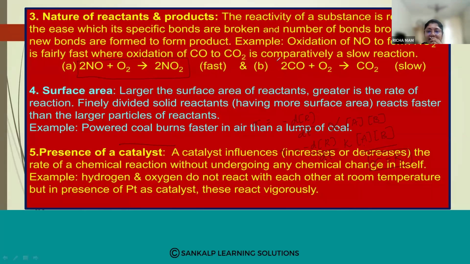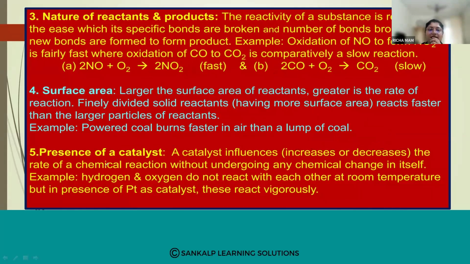This is a fast reaction. In one more reaction, carbon monoxide reacts with oxygen to give you carbon dioxide. So the rate of the reaction depends on the specific bond breaking and making of bonds.